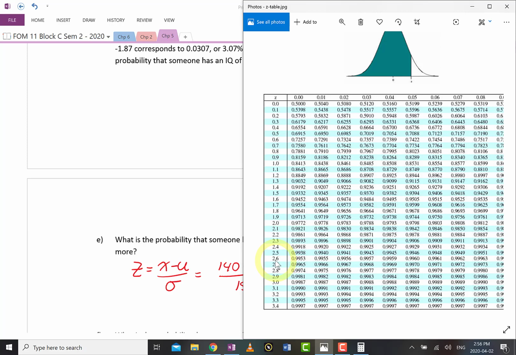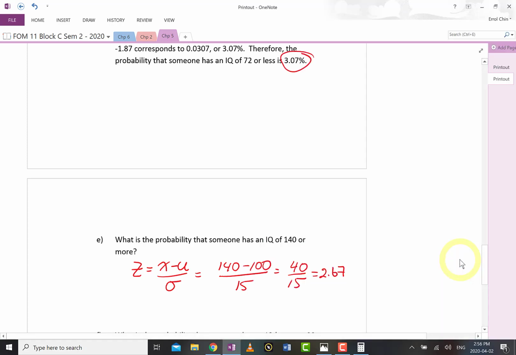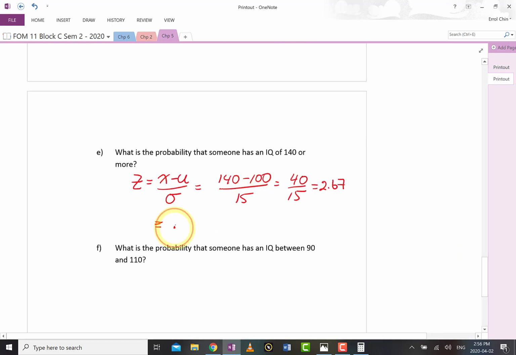In order to get to 2.67, I'm going to move to the right until I get to the 7th column. And it looks like 0.9962. Okay, so that's the area, 0.9962. And if you want a percentage, you multiply that by 100, and you get 99.6%.